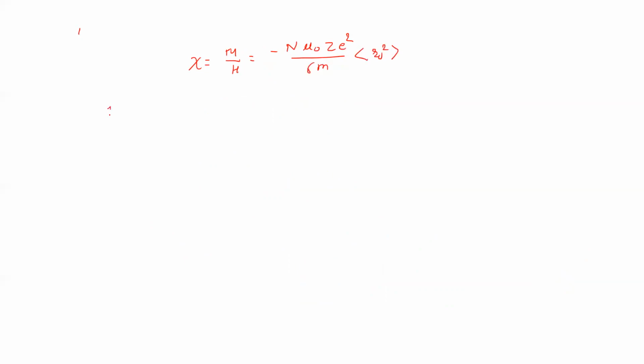The first conclusion is that this diamagnetic susceptibility is directly proportional to the atomic number Z. The second conclusion is that the larger the atom, the larger the susceptibility. If the atom is larger, it contains a large number of electrons, then it will have a larger value of susceptibility.